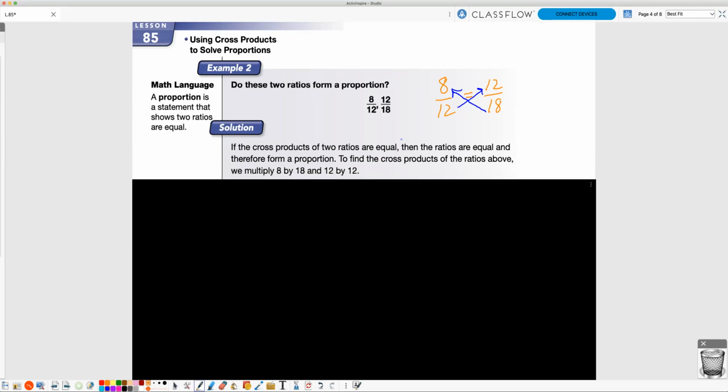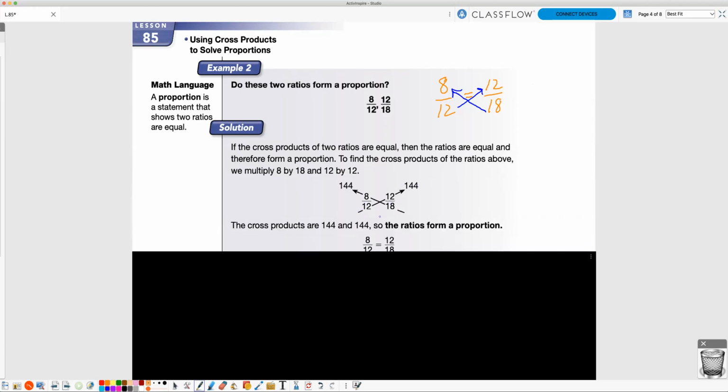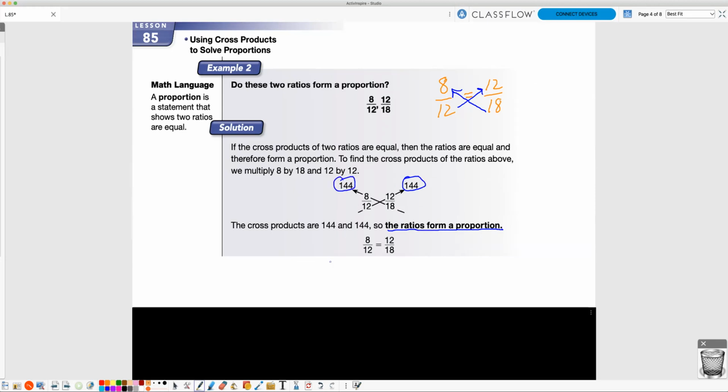To find the cross products of the ratios above, we multiply 8 by 18 and 12 by 12. And 18 times 8 equals 144, and 12 times 12 equals 144. So the ratios form a proportion because the cross products are equal to each other.